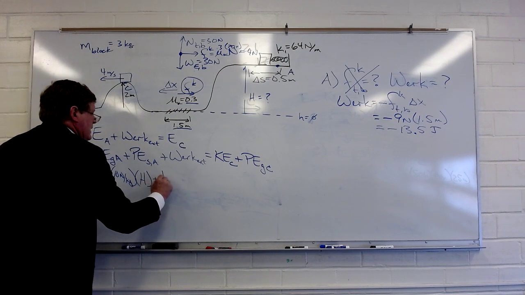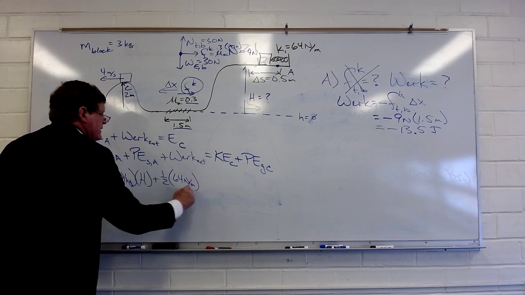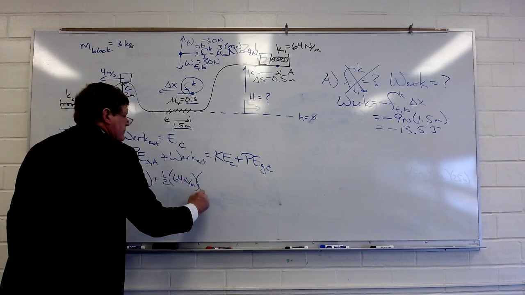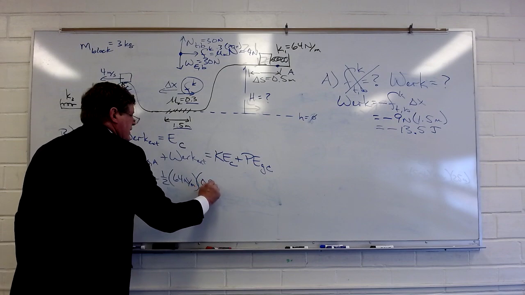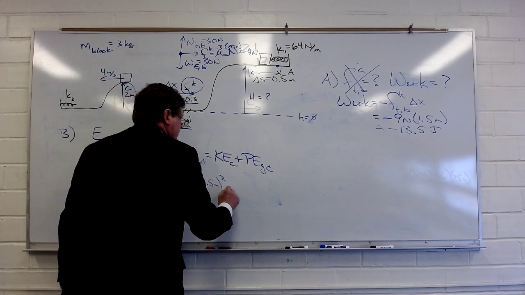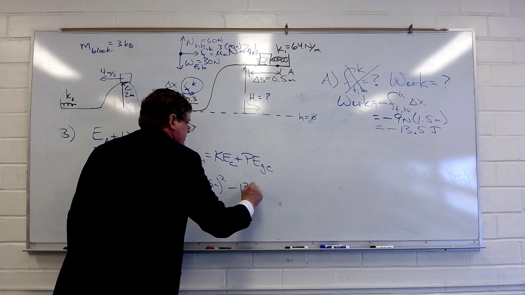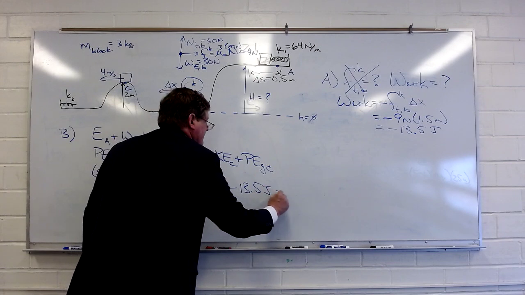And then I had 1/2 times 64 newtons per meter, that's K, times the delta S, which is 0.5 squared. And then I have to add the Wfric, but the Wfric is negative, so I'm really subtracting 13.5 joules.